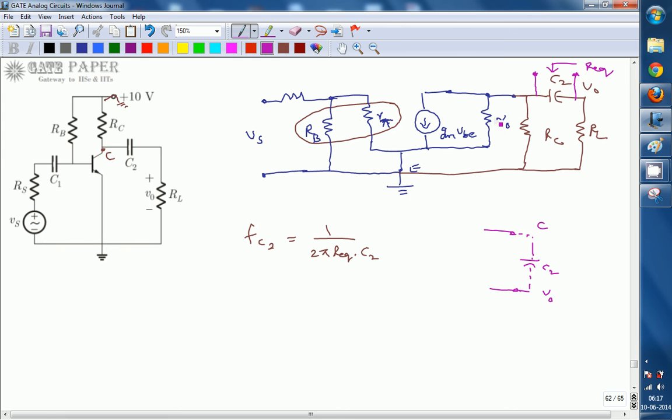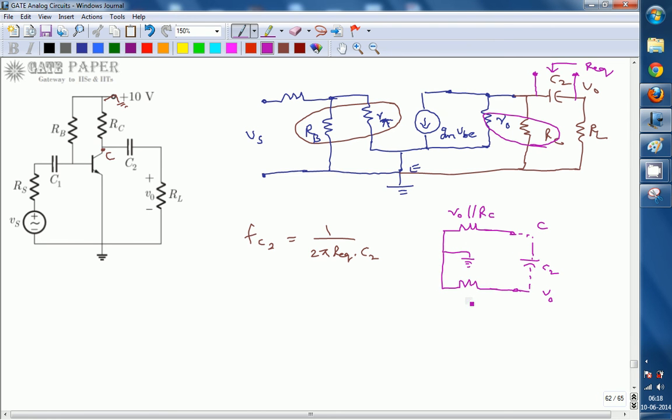R0 is from collector to ground and RC is also from collector to ground, so these two are in parallel. So the resistance combination is R0 parallel RC.